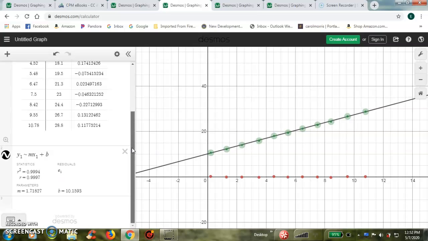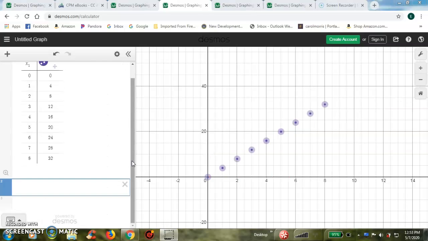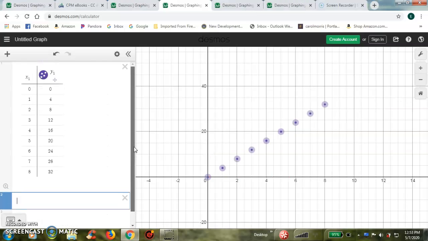Okay, now let's do this. I'm actually going to change my table here. I'm going to pause the video while I change it. Okay, guys, so I changed the table.